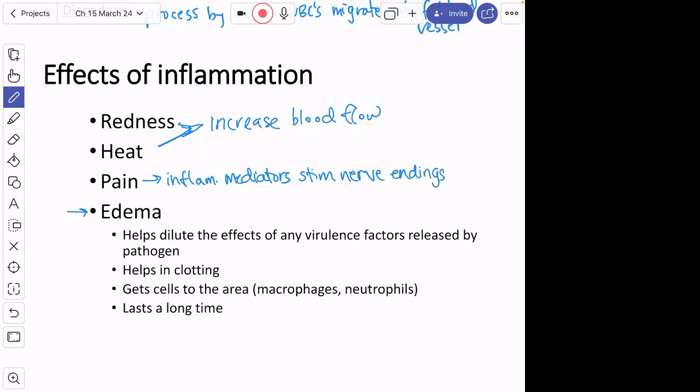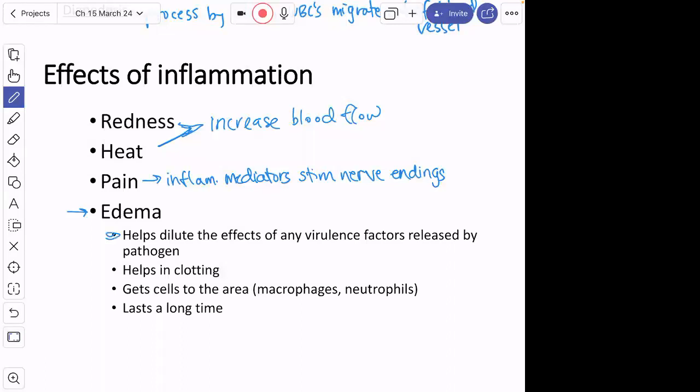And when we get swelling, that accumulation of fluid can stimulate the nerve endings as well and cause a little bit of pain.